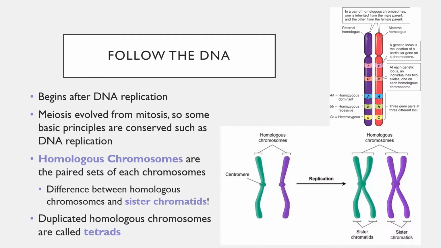So the basic principles of mitosis are conserved. There's going to be a lot of repetition here, but one thing that does happen as a result is meiosis is going to happen after DNA replication. We are going to duplicate all of our chromosomes and then get into meiosis.